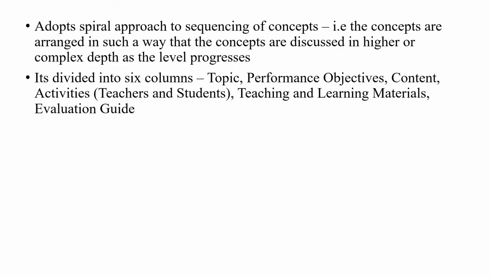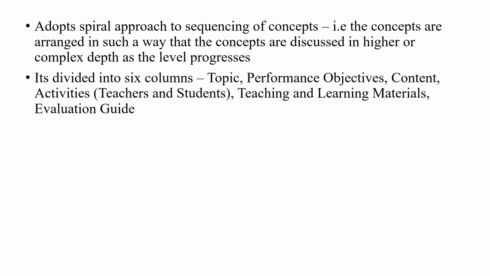Now, the curriculum is divided into six columns. The first column is topic, the next one is performance objectives, the next one is content, while the fourth one is activities. That column is divided into two again: teachers' activities as well as students' activities.